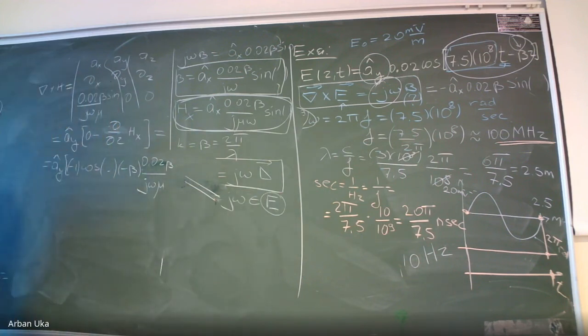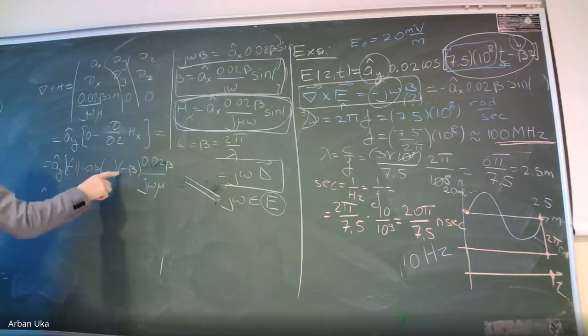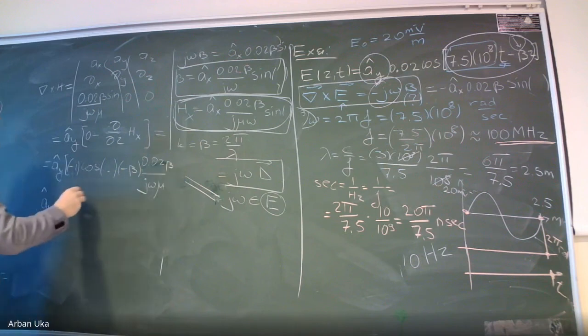So then, let's try to simplify this one a little bit. So we have here AY. This is minus beta. This becomes plus beta. This plus beta with another beta here becomes beta squared.